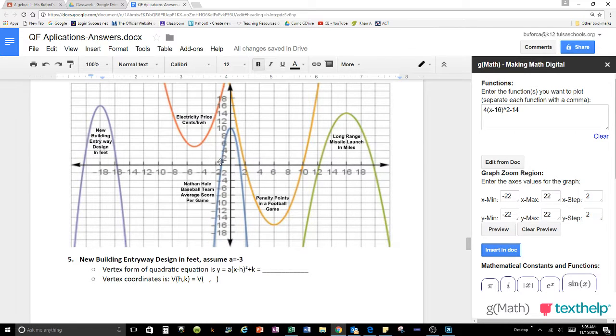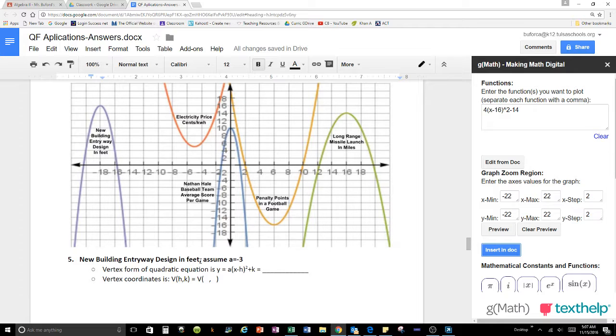We find the h and the k. And the h and the k for the new building entryway design, just go to the vertex, and whatever the coordinates of the vertex are gives us our value of h and k. So the coordinates of the vertex is minus 18. That's h, and k is equal to 16.